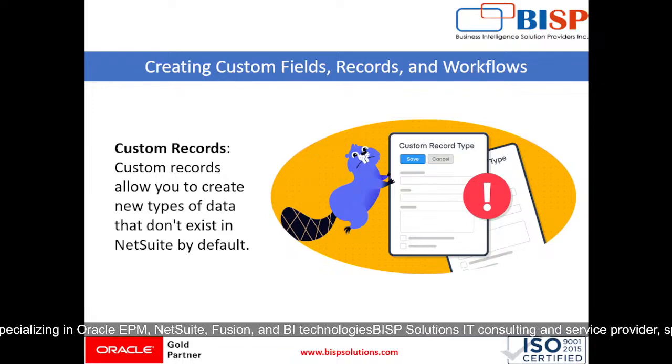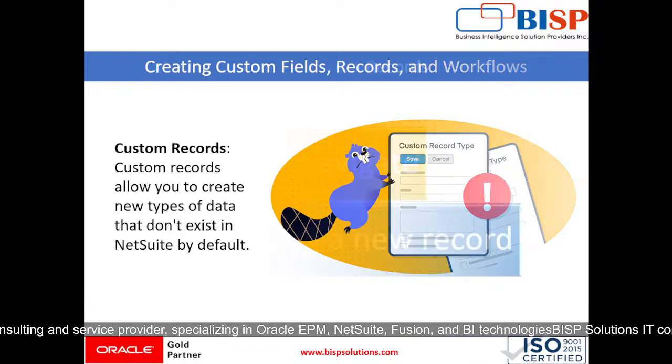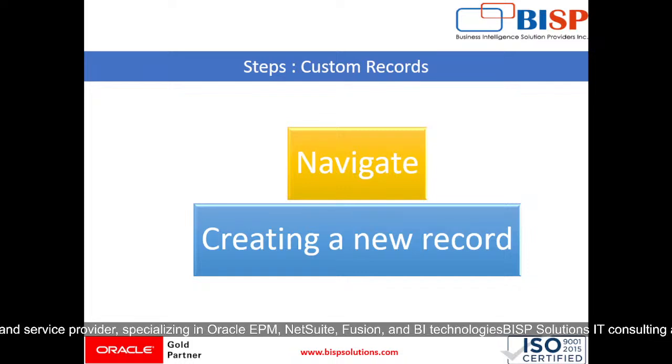For navigation, we have to click on Customization. Under Customization we will be getting Lists, Records, and Fields. There we will be getting Record Types. There we will be creating a new record type, for example project milestones, and defining custom fields and relationships for the same.